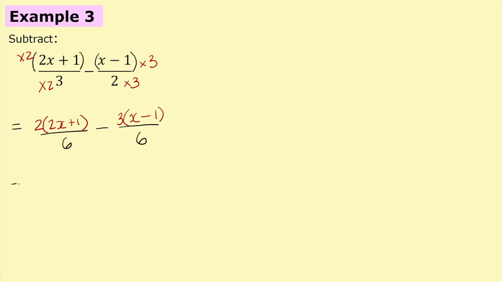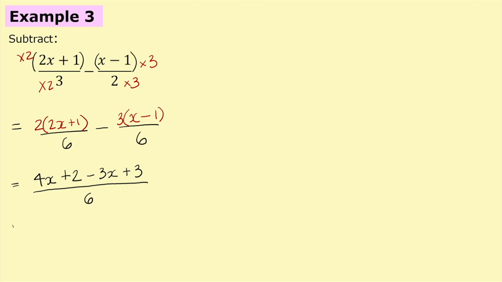So we have 2 times 2x gives us 4x, 2 times 1 to give us 2, and plus 2. And this time I have negative 3 times x, so I'm taking into consideration this negative. So negative 3 times x to give us negative 3x, and then negative 3 times negative 1 gives me plus 3, and this is all over 6.